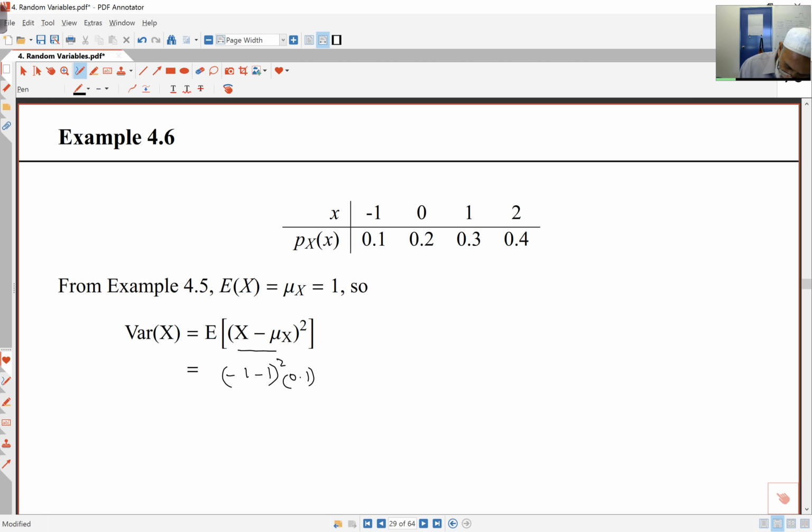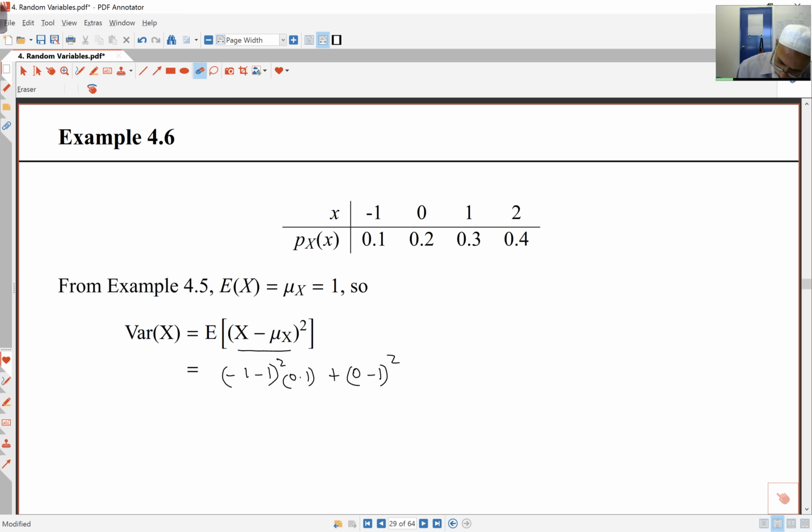Oops, sorry, I should be multiplying with probabilities as I go through, so let me fix this up quickly.